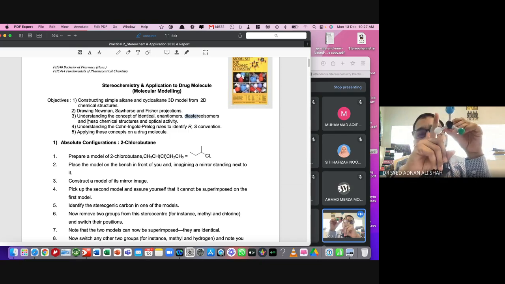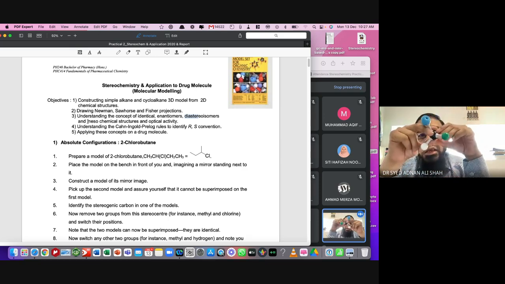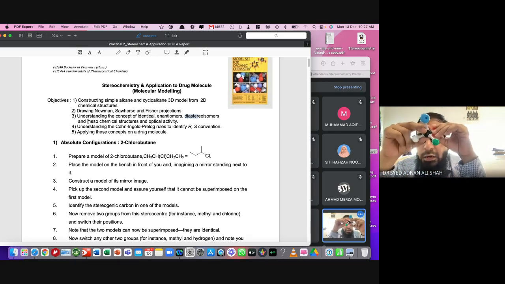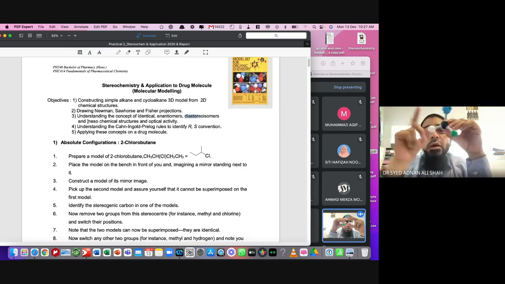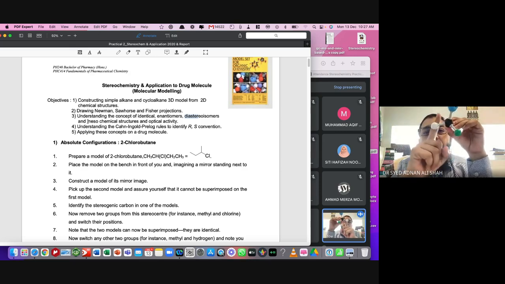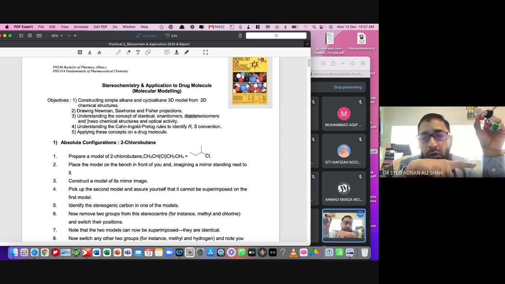So it rotates either clockwise or anti-clockwise only once there is any chirality in a molecule, right? Because of this chirality, the plane of polarized light can rotate clockwise or anti-clockwise.